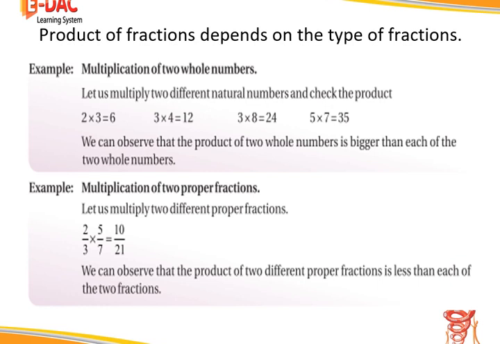Now let's see another example where we are multiplying two proper fractions. We are multiplying 2 upon 3 by 5 upon 7, and the answer is 10 upon 21. But what do we observe here? We observe that the product of two different proper fractions is less than each of the two fractions.